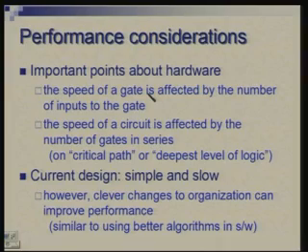As I mentioned, the speed of the gate is affected by the number of inputs to the gate, and more strongly the speed of the circuit is affected by the number of gates in the series, and there may be many paths you can trace in a circuit from input to output. The longest path, the path which goes through the maximum number of gates in the chain, is called the critical path or the deepest level of logic.